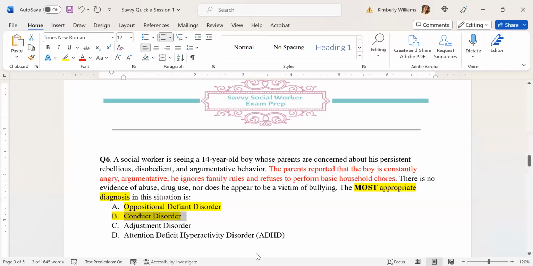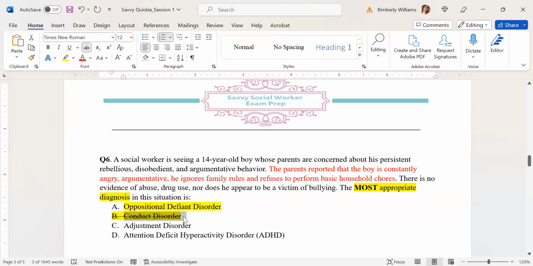Let me make sure. Doesn't conduct disorder go with antisocial personality disorder? They're different. Well, they turn into it. I thought one of them turned into it once they reach a certain age. It does. Once you turn 18, then it's conduct disorder. Antisocial disorder is when they are getting in trouble with the law, breaking and entering, stealing, doing more illegal things.